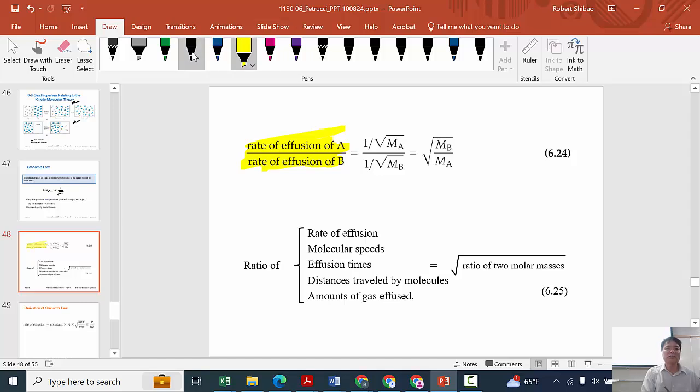Well, actually, we could just do that here. How much faster does helium effuse versus nitrogen? Helium is faster, so it's going to be the square root of the ratio of molar masses. Helium's molar mass is 4. Nitrogen's molar mass is, let's do oxygen, 16. So this is helium versus oxygen. Oxygen is not 16, it's 32 because I have to multiply it by 2.